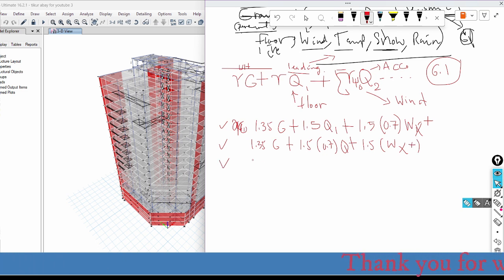And the second combination will be 1.35 permanent load plus 1.5, this becomes the leading one, 1.5 Q, minus 1.5, that means in the x negative direction, times 0.7.